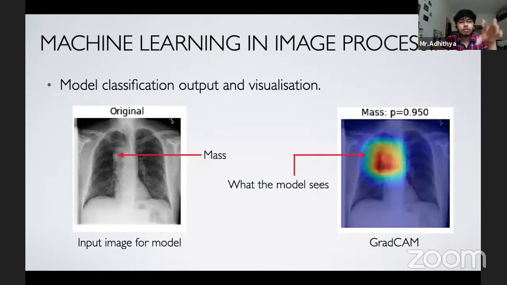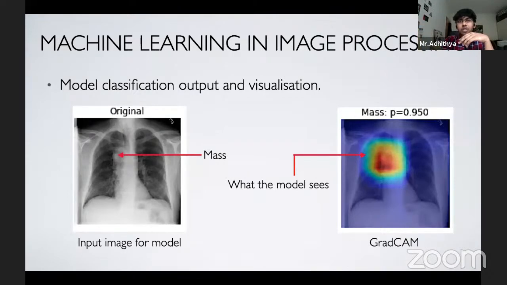If a neural network was trained on images with a mass, and you pass an image like this, the deep learning model will classify this image based on its learned features. It provides an output like you see on the right side of the screen, where the mass probability is 0.95, which means there's a high probability that this organ has a mass in it.